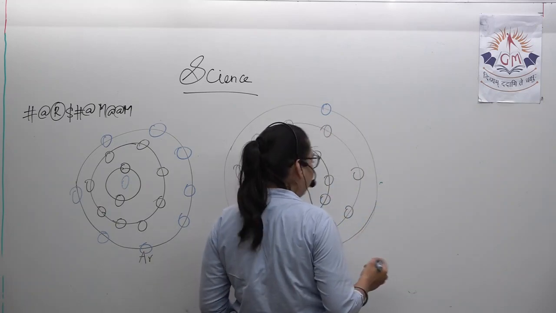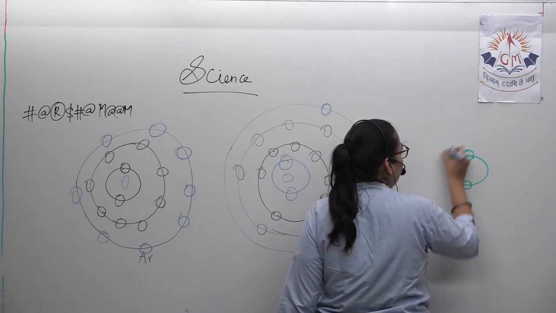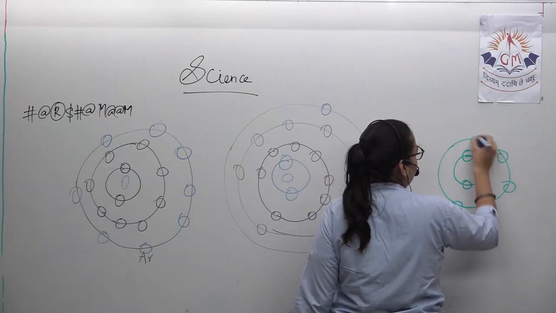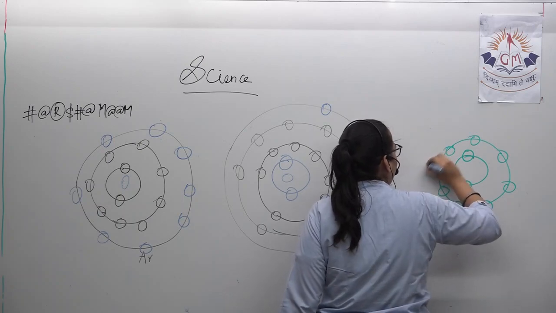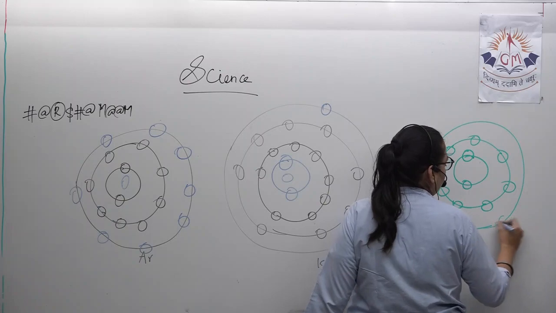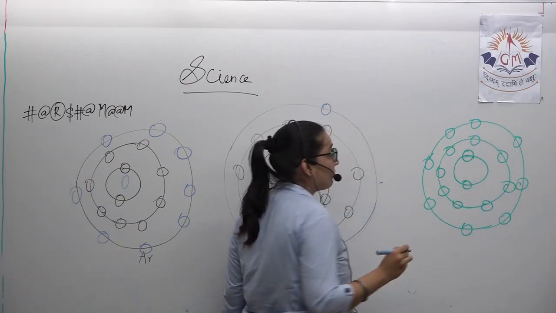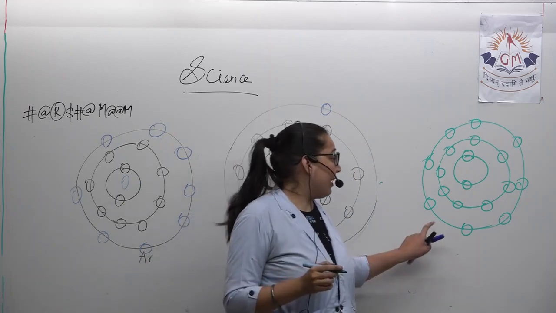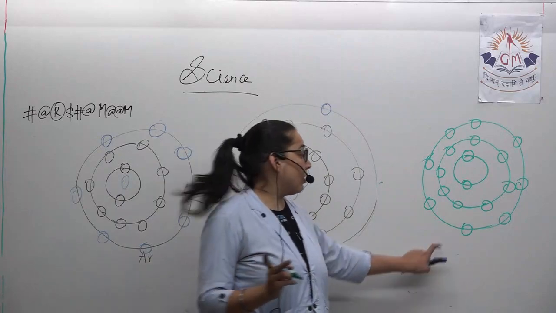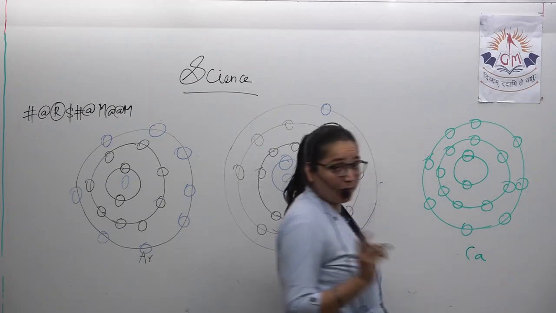After that, calcium. First orbit how many electrons? 2. Next 8. After it again 8. So how many electrons are remaining? 2. Because what is the atomic number of calcium?